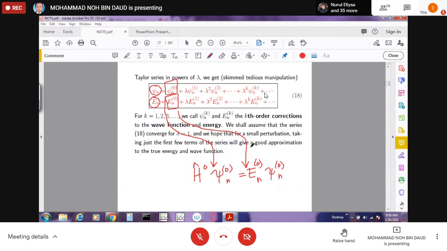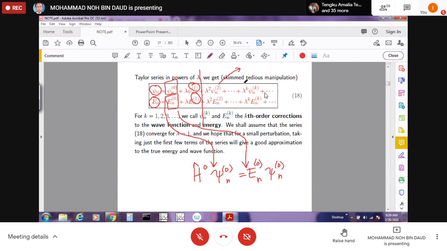Okay, for your level, in this physical 3 course, you only learn up to the first order correction to the wave functions and first order correction to this energy. For a more advanced course, you can find the second order and higher order corrections to the wave functions and higher order corrections to the energy.